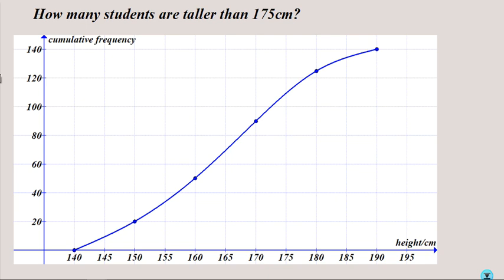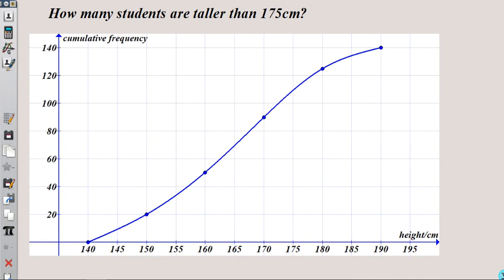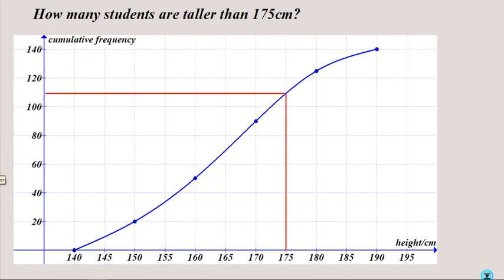Well, we do the same thing. We go to 175, we draw a perpendicular line until we meet the curve, and then we read off the value from the cumulative frequency axis. And this value is 109.